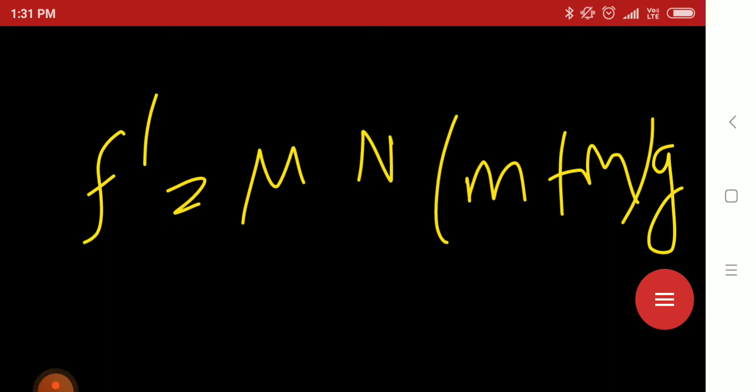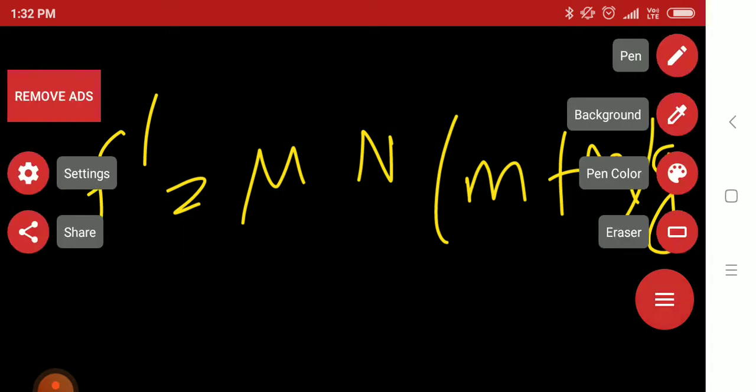F prime is the friction force that appears between M and small m, and N prime is what? N plus mg. So F prime will be what? Mu into small m plus capital M into g. So here, sorry, this capital M will not be here. Mu into N prime equals, we have got N plus mg, and N equals what? Small mg plus capital Mg.